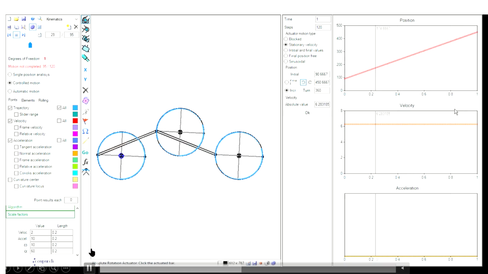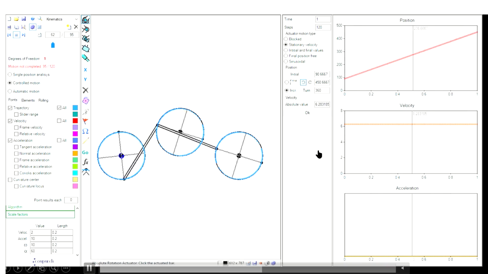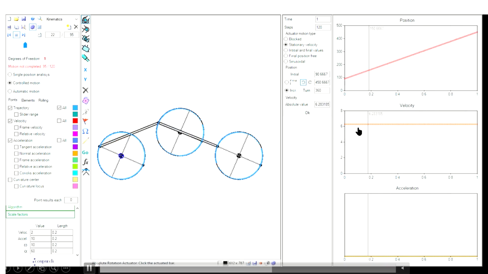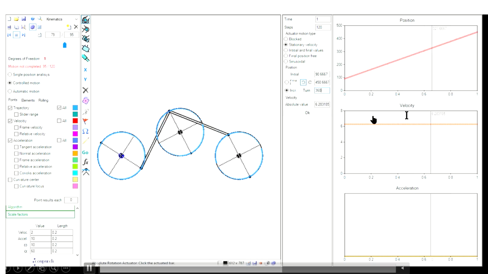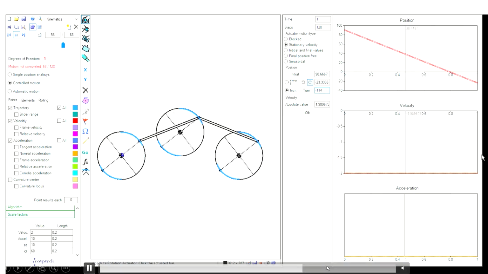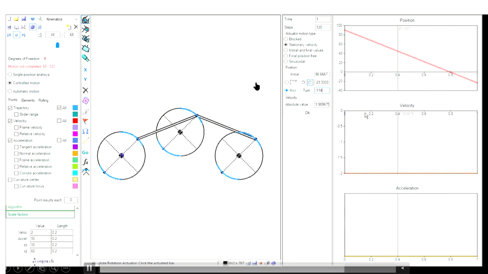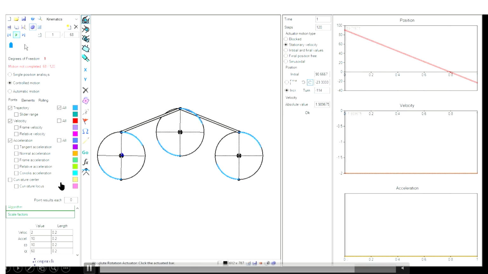The velocity is more than 6. Here is the movement of the pulley, as we can see.